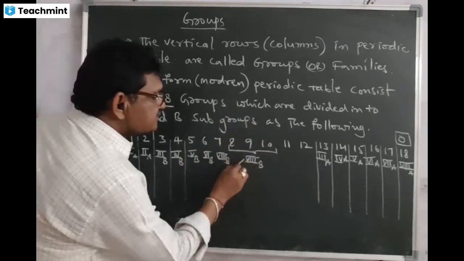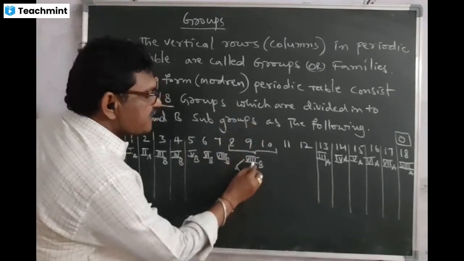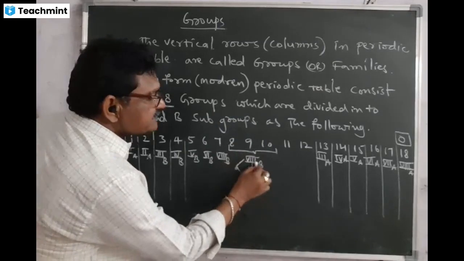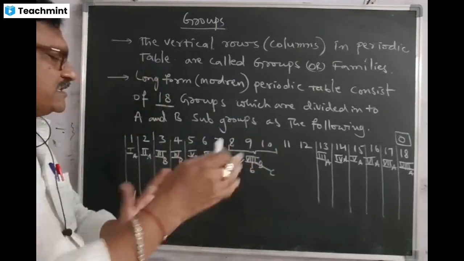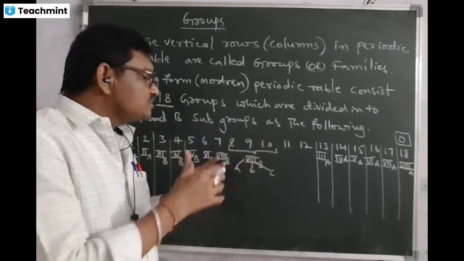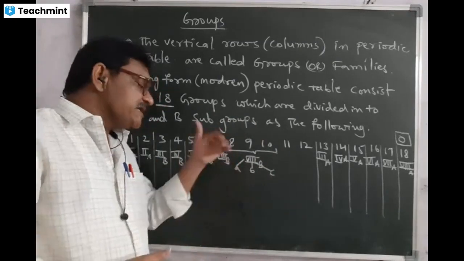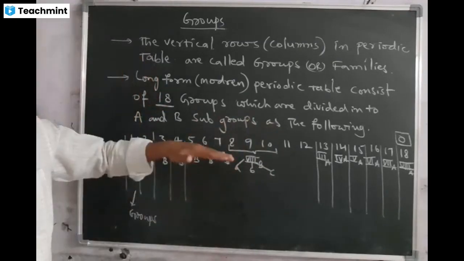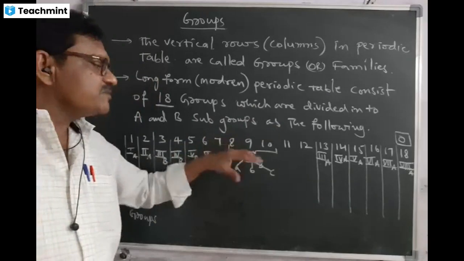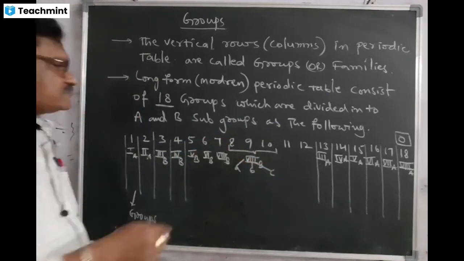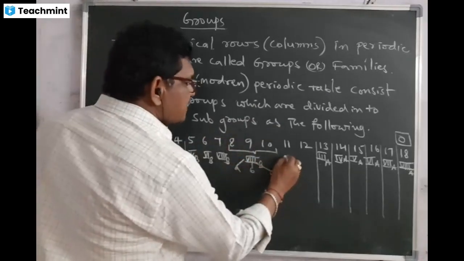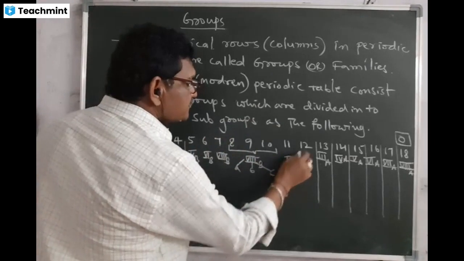Actually, this is eighth small a, this is small b, this is small c group. I think you will understand very clearly in higher classes. But at this stage just simply remember this. Then the 11th group is called first B group.